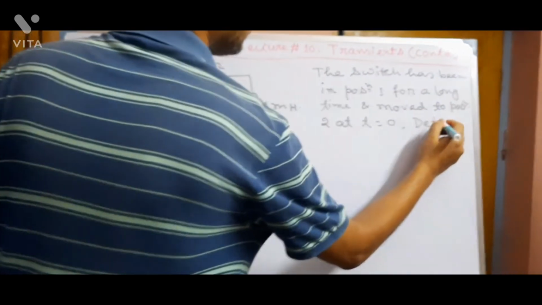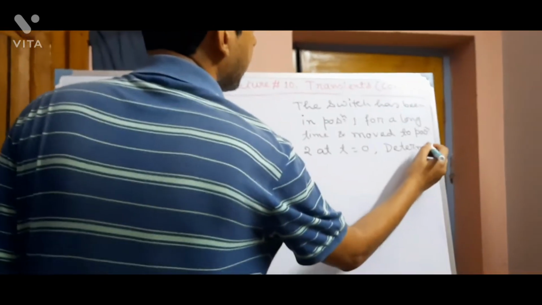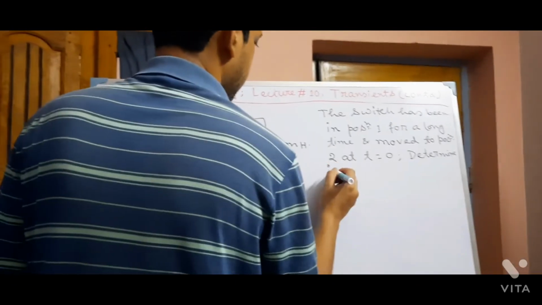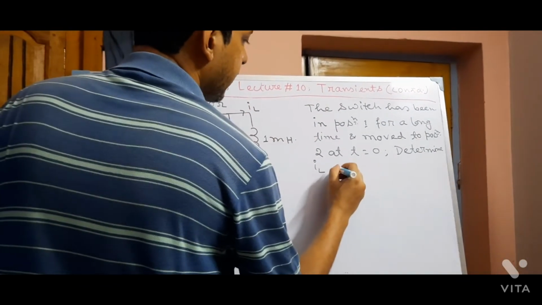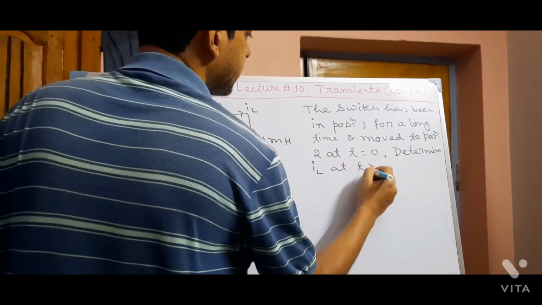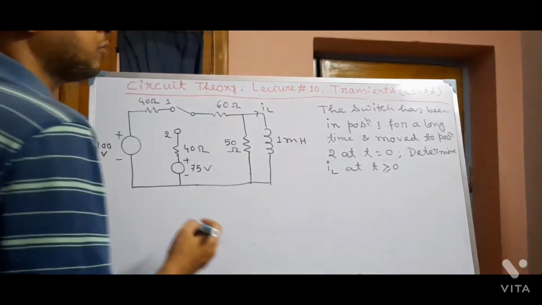Now we have to determine the current through the inductor IL at t greater than or equal to 0.